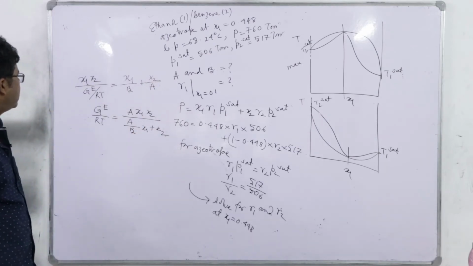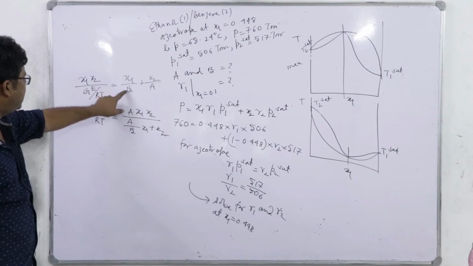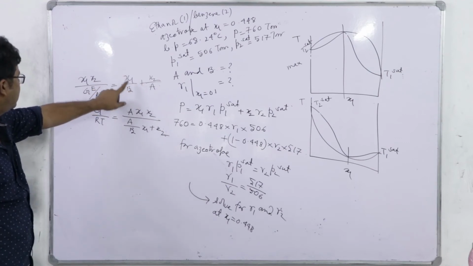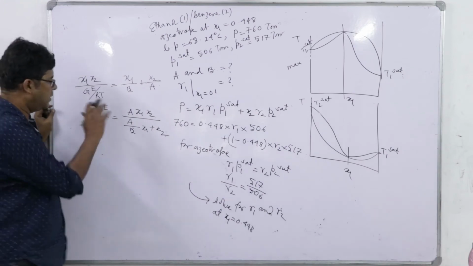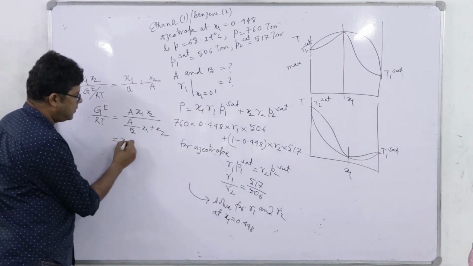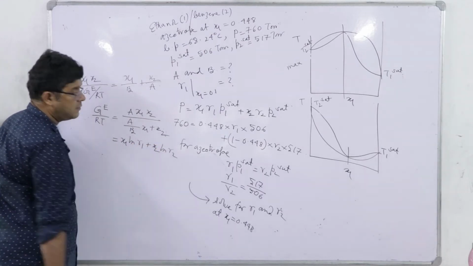So A, if I multiply here, it's A by B x1 plus x2, and this is the theory, right? And that's equal to x1 ln gamma 1 plus x2 ln gamma 2 from summability.